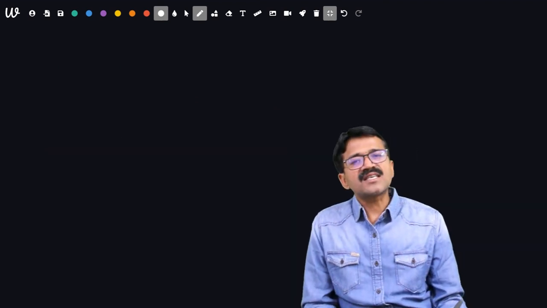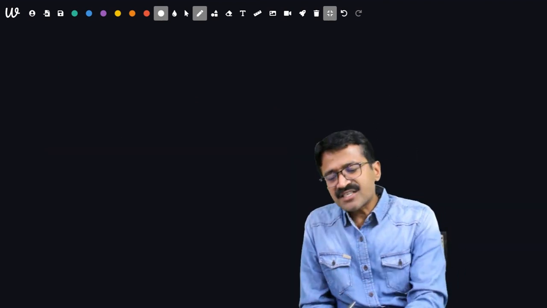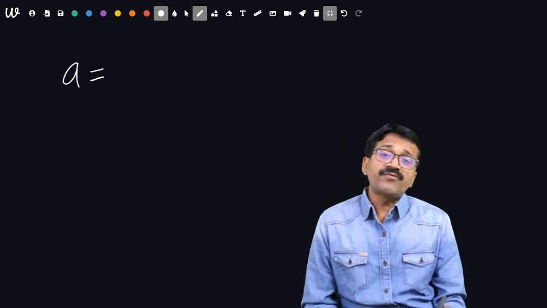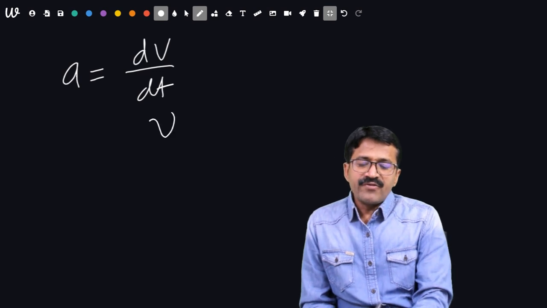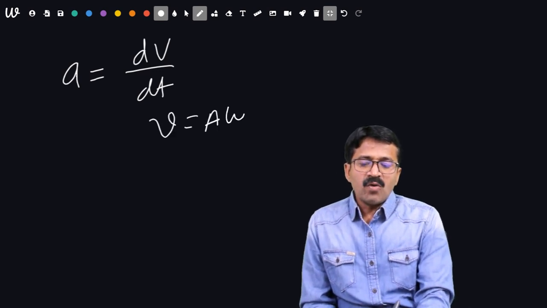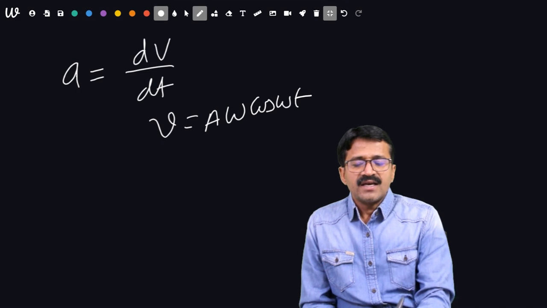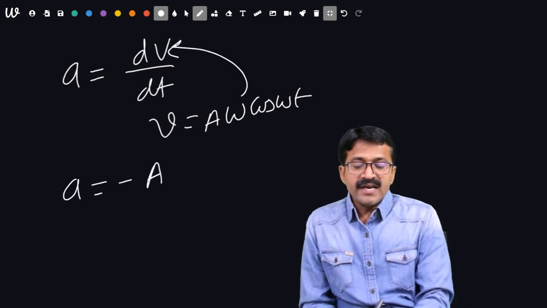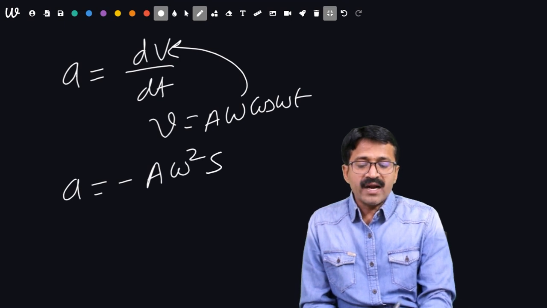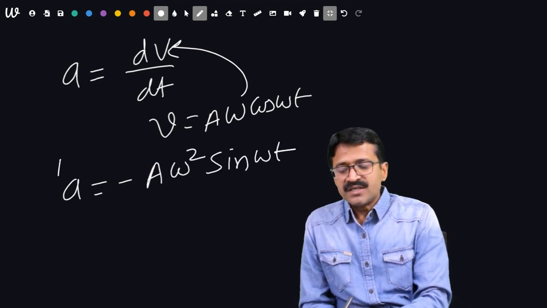Now let us discuss acceleration. Acceleration is given by rate of change of velocity, that is dv upon dt. v is given by a omega cos omega t. If you put this value here, acceleration will be minus a omega square sine omega t.